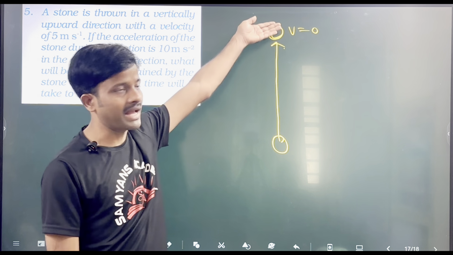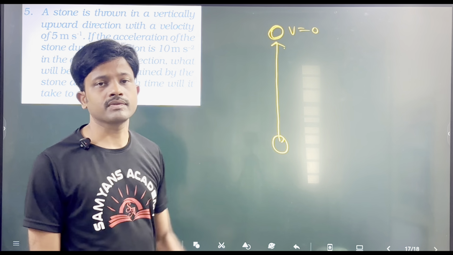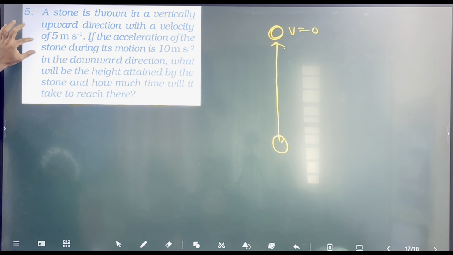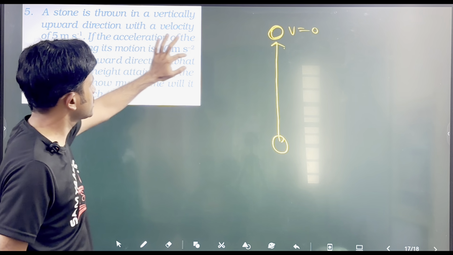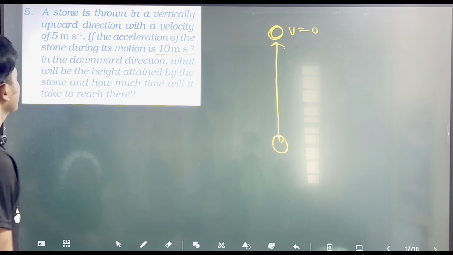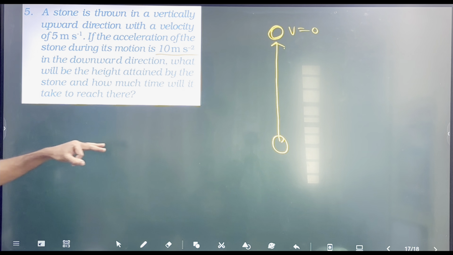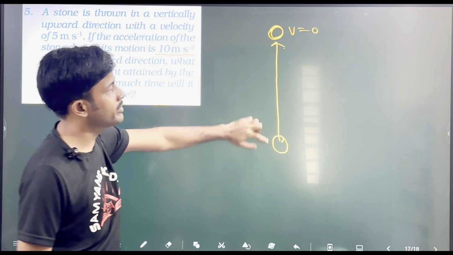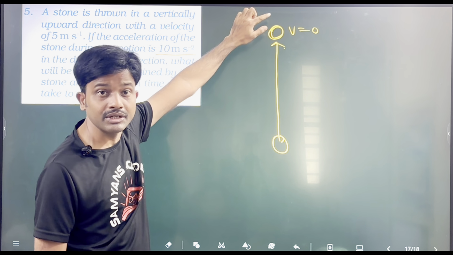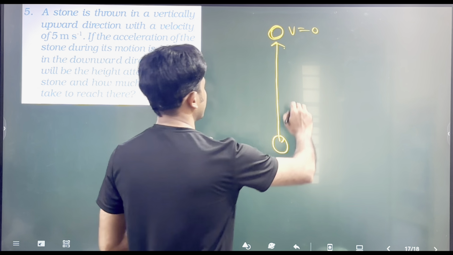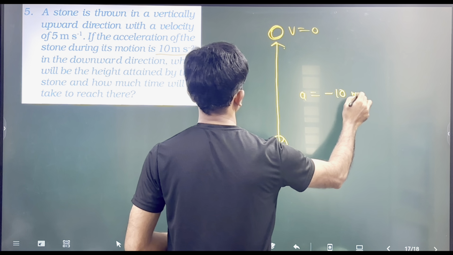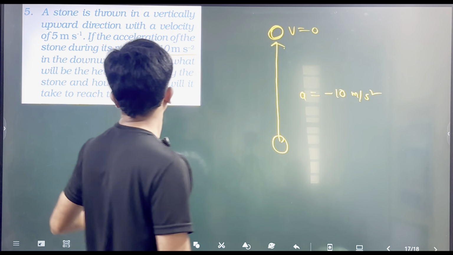The acceleration of the stone during its motion is 10 meter per second square, but you have to consider negative acceleration. Why? Because we are throwing in the vertically upward direction, so the speed of the stone reduces, right? Means you have to consider the acceleration negative here, so that is minus 10 meter per second square.